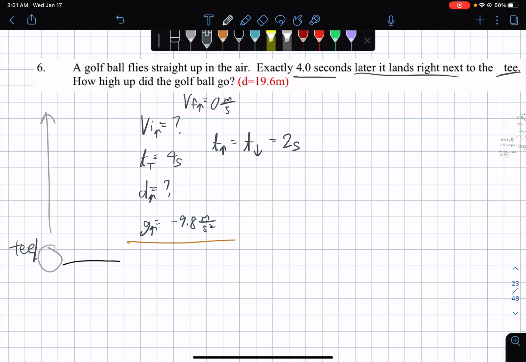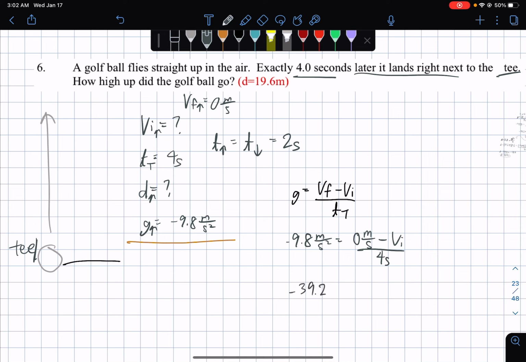Okay, so now that we have that information, we have to compute for the distance. But VI is missing. Let's look for VI first. Okay, so VF is 0. VI is missing. Time total is 4 seconds. Again, 9.8 times 4 is 39.2.